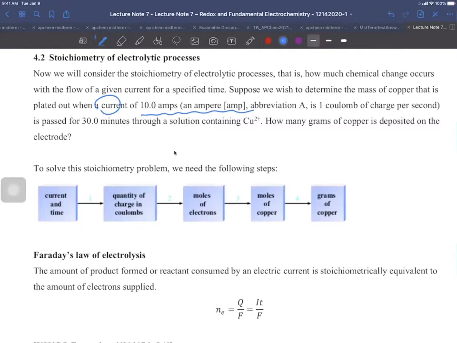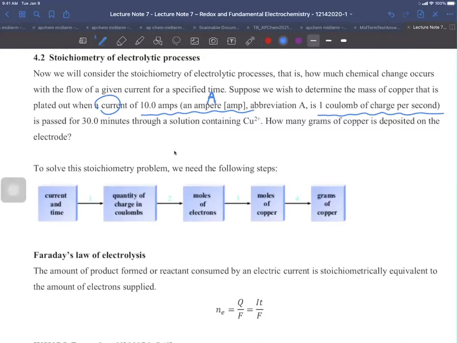Anyway, we use A to represent the unit. The meaning is 1 coulomb of charge per second. So current is kind of the rate of the electron flow, right?